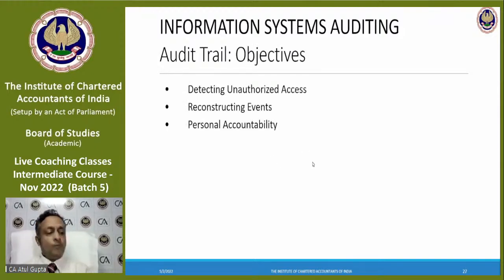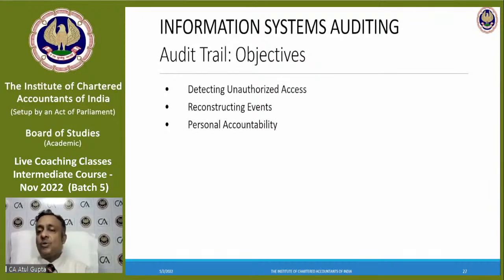Then what objectives do you achieve from using an audit trail? So what does an audit trail do? Audit trail tells us what the transactions are and who has done the transactions, and what action that person has done. So we took this example of cashier.